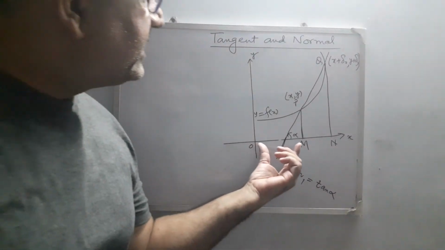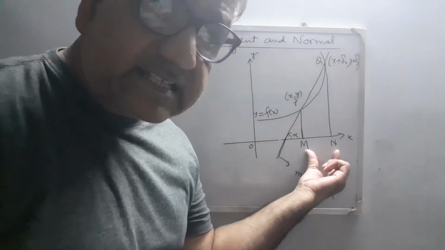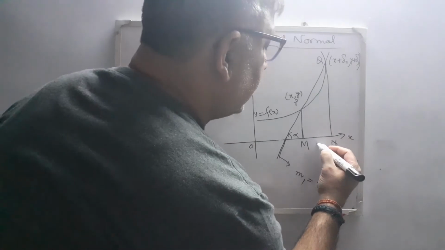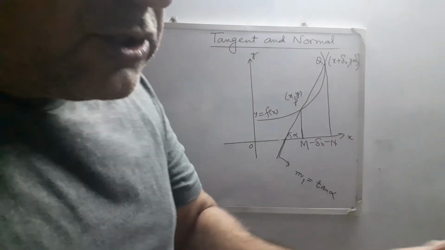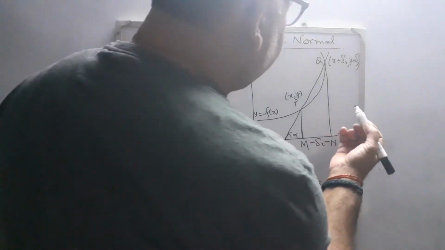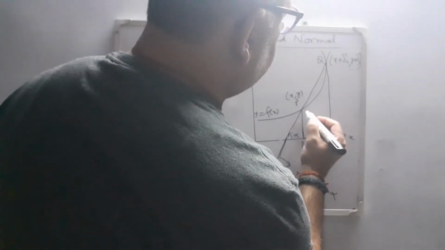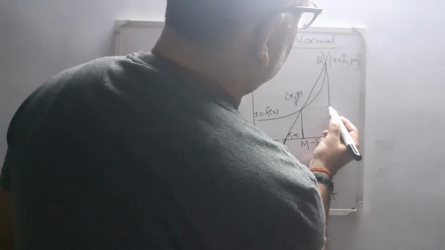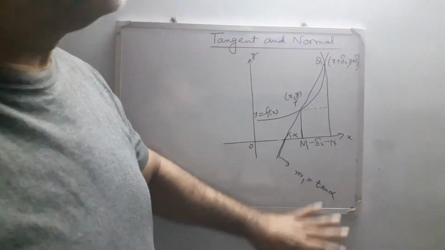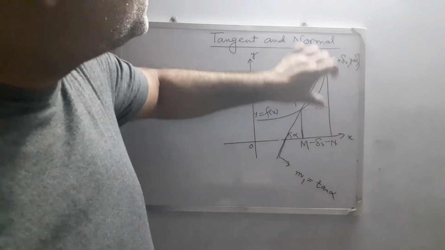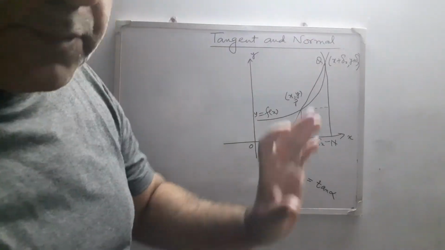Now if we increase x by MN, this length is delta x, a slight change in the length of x. Similarly, if we change y slightly, here in the figure it is not visible, but if we draw the exact figure, then we can explain that y is also small and this length is delta y.